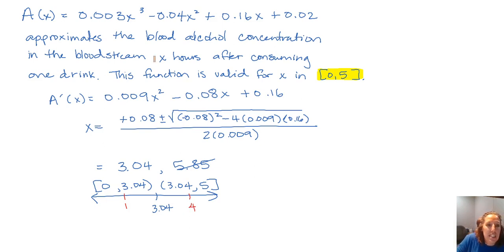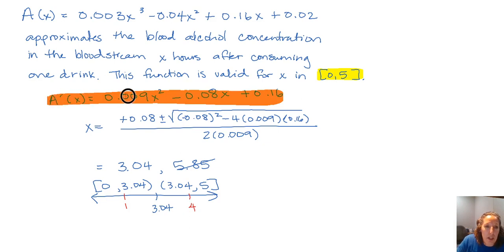We are plugging these into our derivative function. So if we plug in 1, we're going to get 0.009 − 0.08 + 0.16.